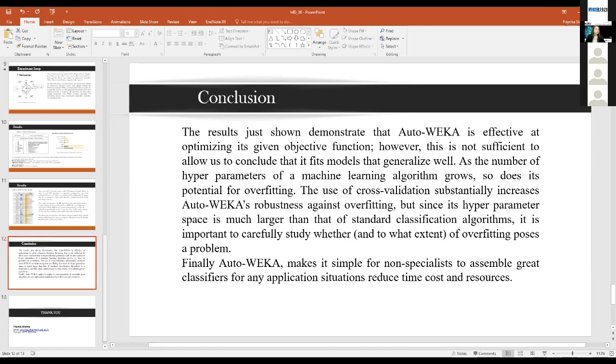The use of cross-validation substantially increases AutoWeka's robustness against overfitting, but since its hyperparameter space is much larger than that of a standard classification algorithm, it is important to carefully study to what extent overfitting poses a problem. To conclude, AutoWeka makes it simple for non-specialists, for example novice researchers, to assemble great classifiers for any application situation, reducing time and resources.